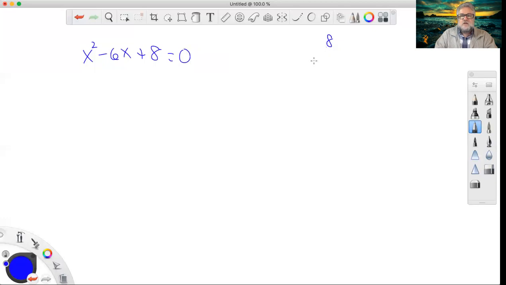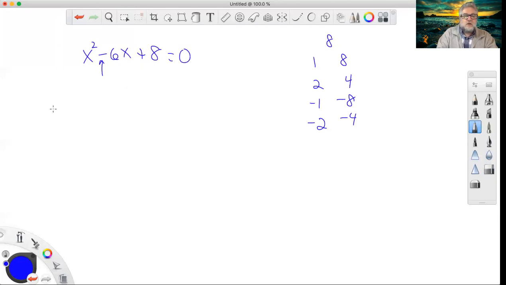I could make it with a 1 times an 8, or a 2 times a 4, or that's about it. 4 times 2 is the same as 2 times 4. We don't care. And it's positive, so I'm using both positives. Oh, wait, I could use negatives. Minus 1 and minus 8, and minus 2 and minus 4. And I know this might be important because I have a negative sign here. If I had a positive sign here, then I don't need any of these negative ones down here. But I do have a negative sign there, so I need these.